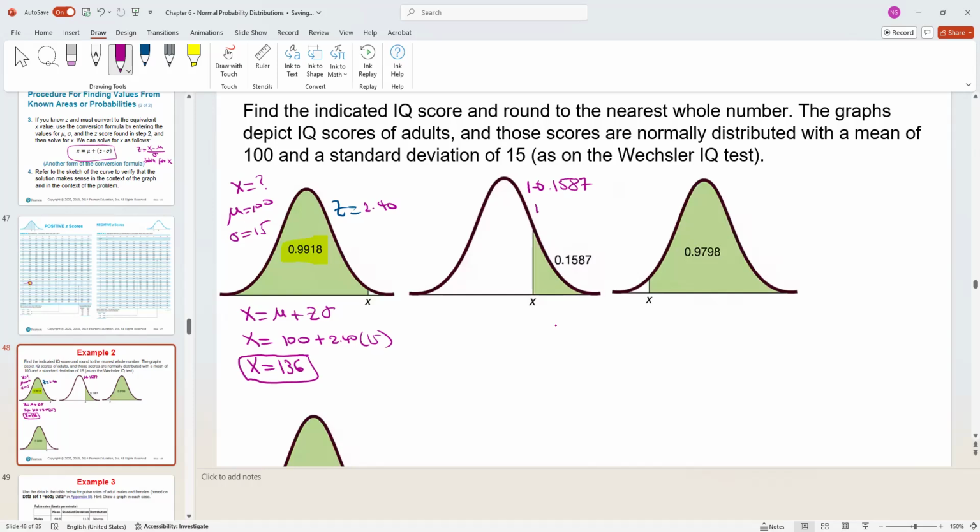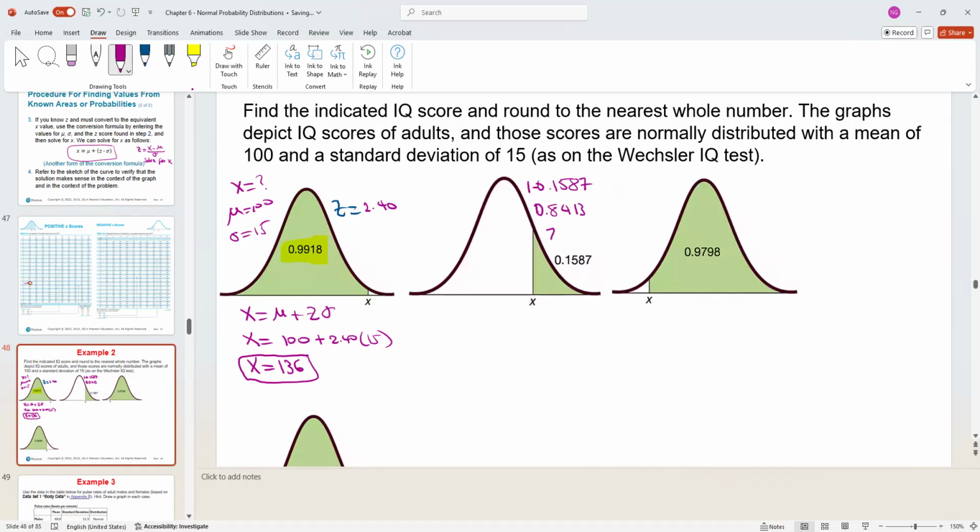So 1 minus 0.1587 is 0.8413. This is the probability.